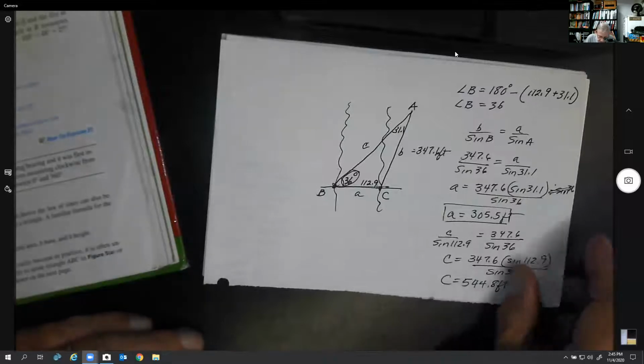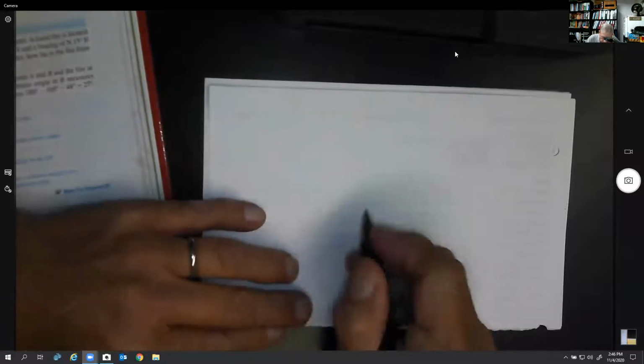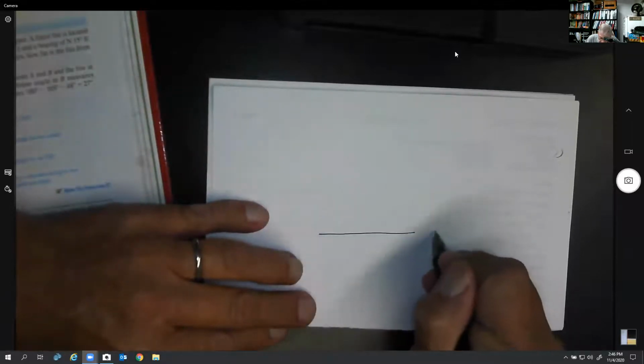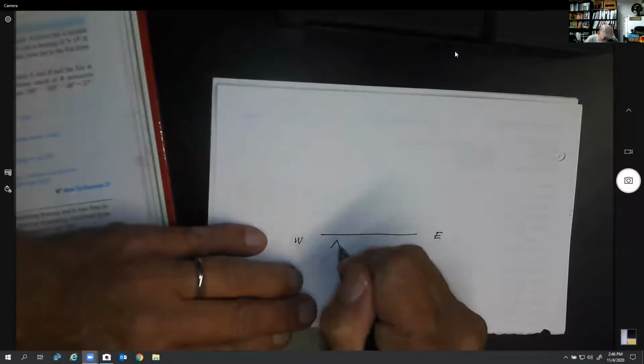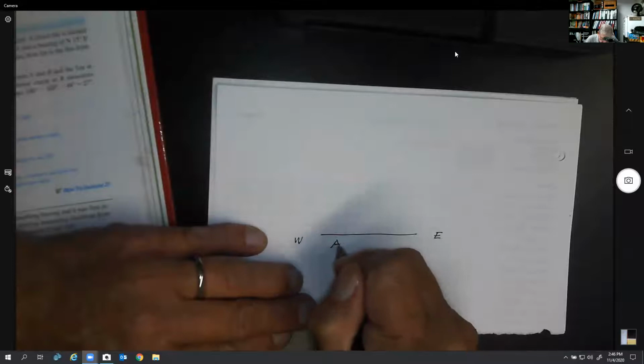So pretty cool, huh? All right, this next one uses the words bearing and stuff like that, so you want to get used to seeing a problem like this. It says two ranger stations are on an east-west line. This would be east. This would be west. A forest fire is located on a bearing north 42 degrees east from Western Station A. This would be the Western Station.